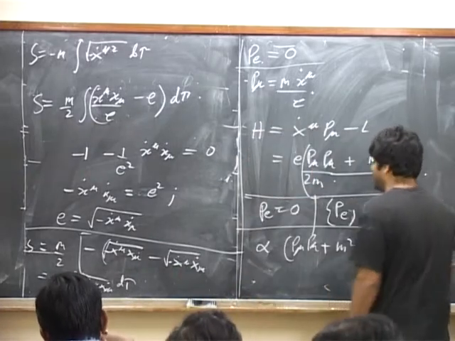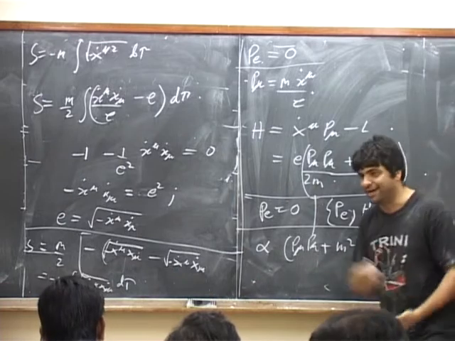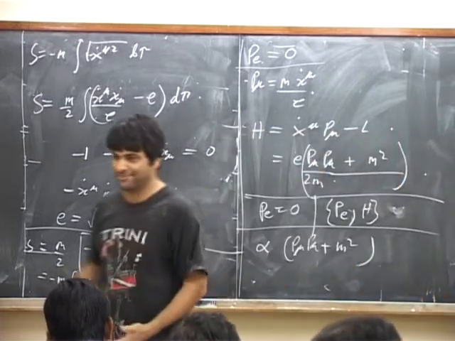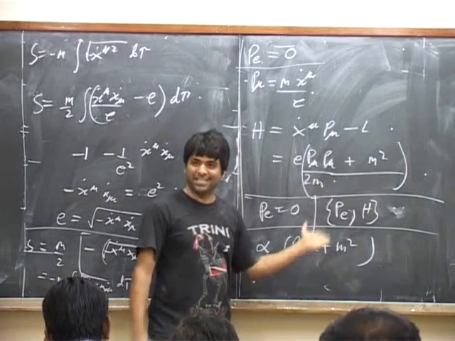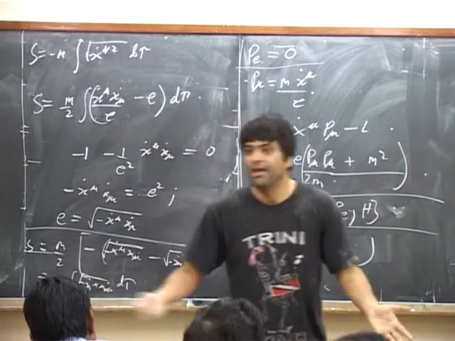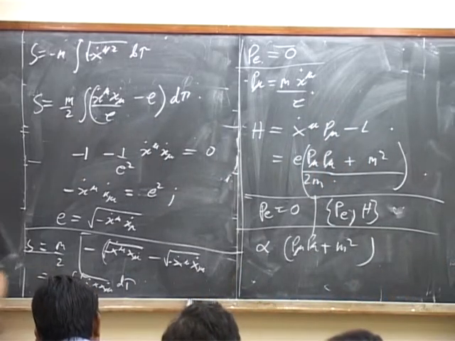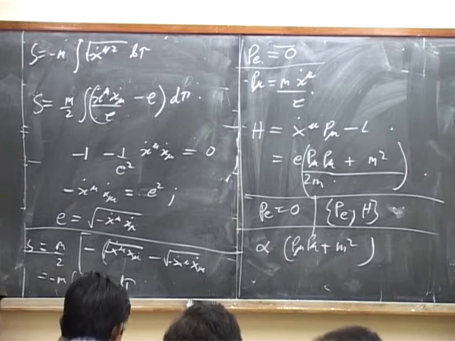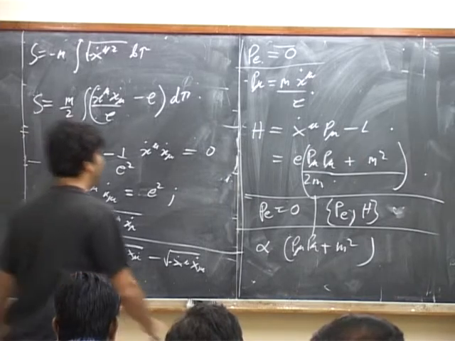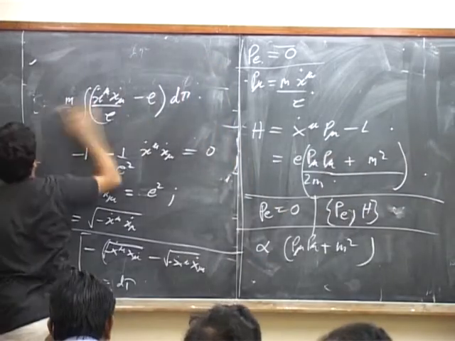Now we can check that that's it, basically, because P_mu squared plus m squared itself commutes with the Hamiltonian. Obviously. Okay, so there's nothing else. The system is closed here. We impose these two constraints: P_e is equal to 0, P_mu squared plus m squared equal to 0. Nothing else to do.